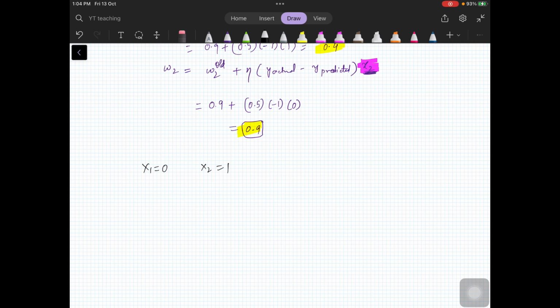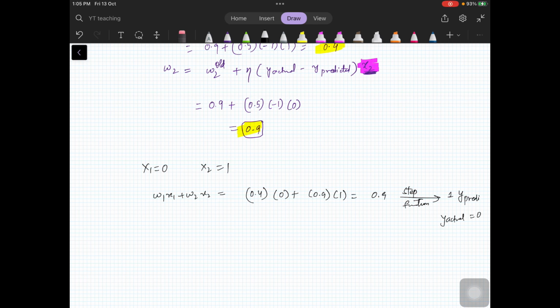In that case, w1 x1 plus w2 x2 would be, now your w1 is already updated, 0.4 into 0 plus 0.9 into 1, so that's 0.9, and if you apply the step function, you will get 1, right?